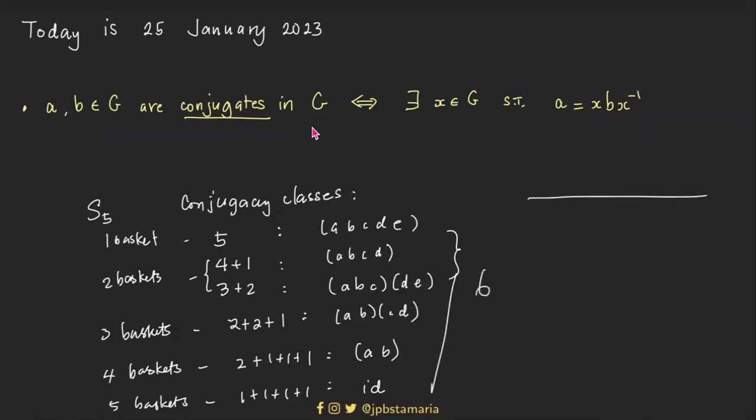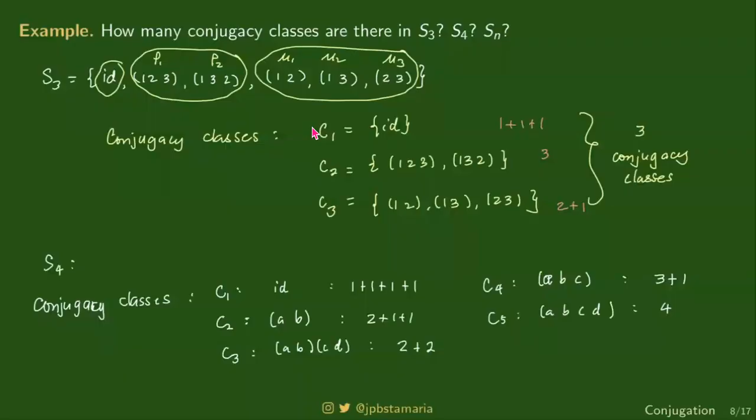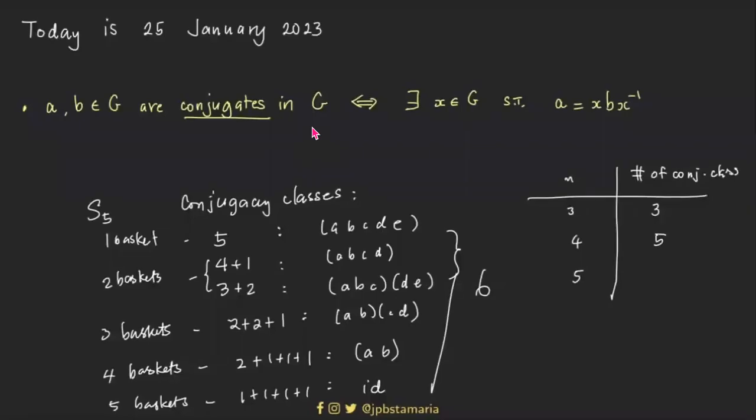So kung gagawa ka ng table, 3, 4, 5, sa S of 3 may 3 classes. Diba? Ang S of 4, ilan ba? 5. We created 5. Sa S of 5, we were able to come up with 6 different classes.